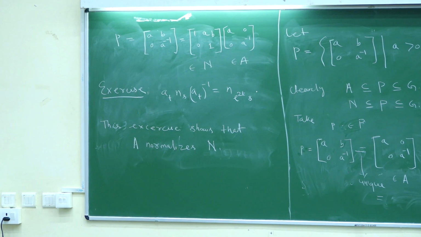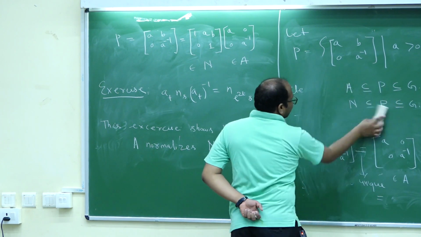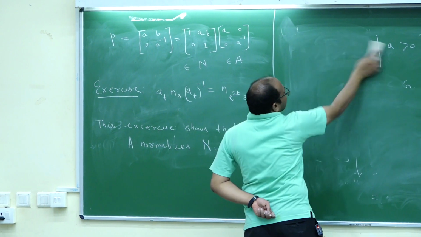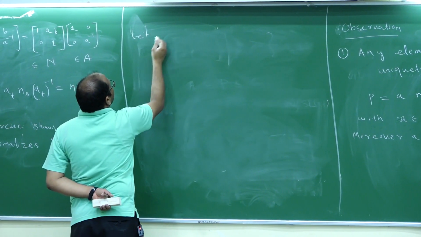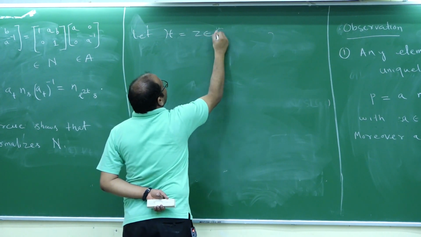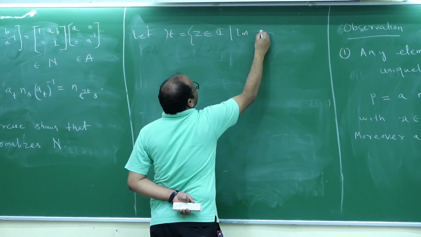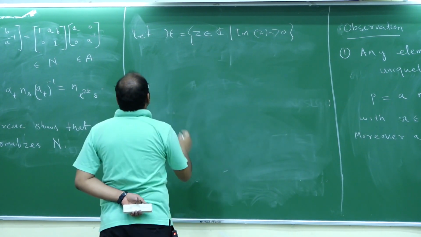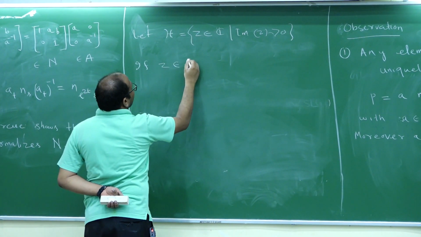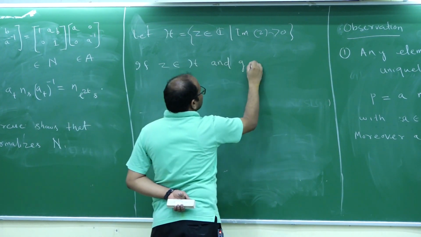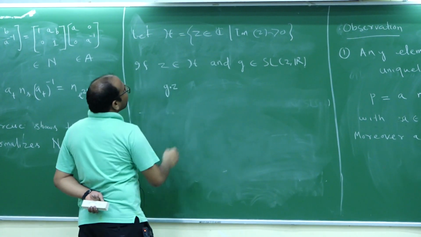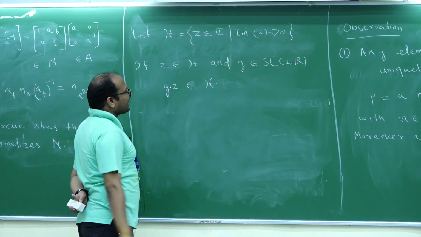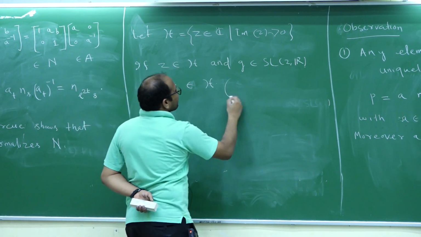I hope by this time you remember this. Let z belong to C such that the imaginary part of z is greater than 0, so z belongs to H, the upper half plane. If g belongs to G, then g dot z belongs to H. We can show that; this is an exercise.